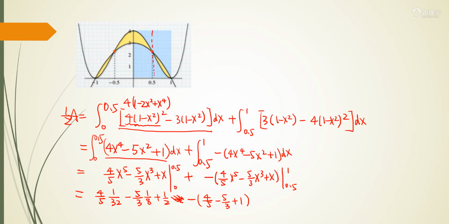Look, we are now calculating this integral independently from that integral. So here the plus means the sum of two independent integrals, and here the minus comes from the antiderivative itself, and it's going to minus the bracket at x equals 1/2.